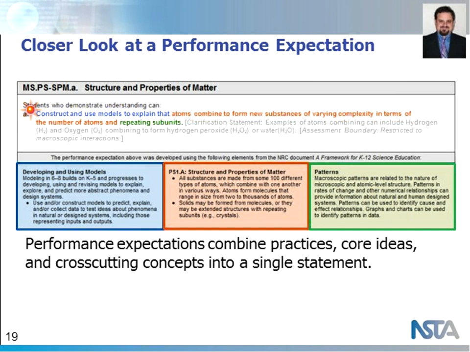So we have constructing and using models, that's a practice, to explain that atoms combine to form new substances of varying complexity in terms of the number of atoms. That's a point of the disciplinary core ideas. And then this concept of repeating subunits fits into the concept of patterns. Altogether, these different elements are being used to form a performance expectation.